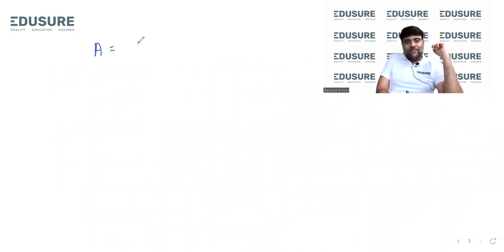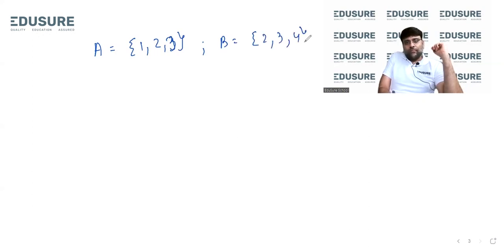For example, if I have A is equal to {1, 2, 3} and B is equal to, say, {2, 3, 4}, A minus B will be simply {1}.